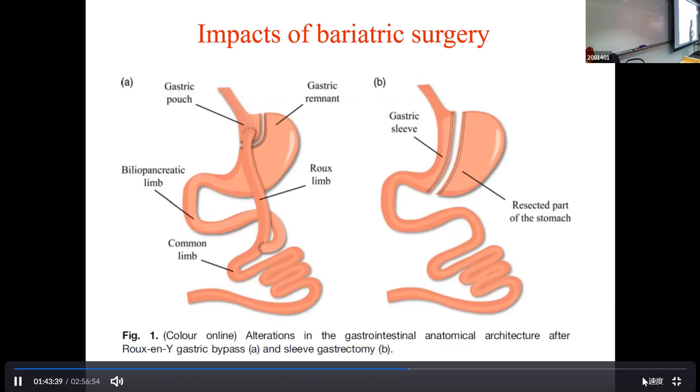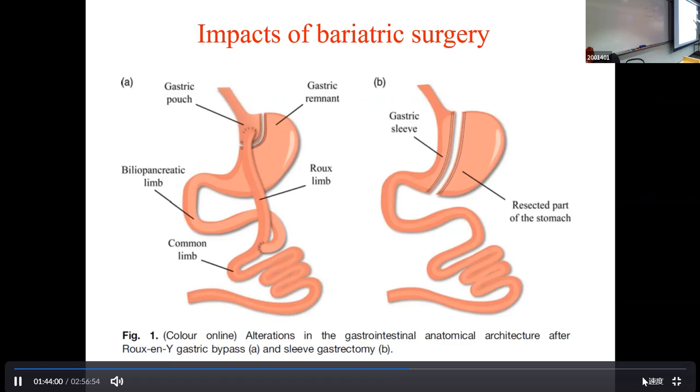Now, there are many varieties of surgical procedures, but I would like you to remember that the terminology bariatric surgery is just a general term. This is just some examples of bariatric surgery.